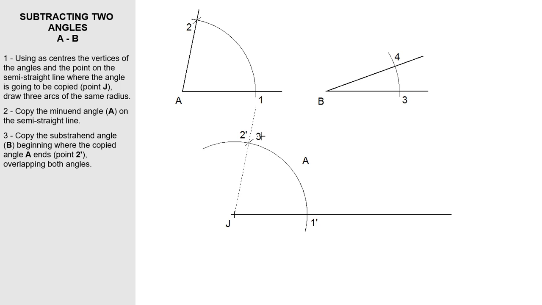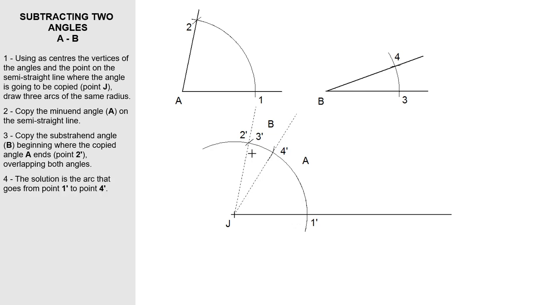To do this, we copy chord 3, 4 from point 3', which concurs with point 2', inwards angle A. Using point 3' as center and the length of chord 3, 4 as radius, we draw an arc that meets this one whose center is point J at this point 4'. So angle 3', 4' is congruent to angle B and is overlapped with angle A.